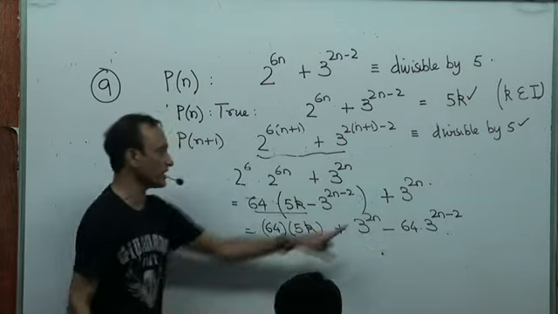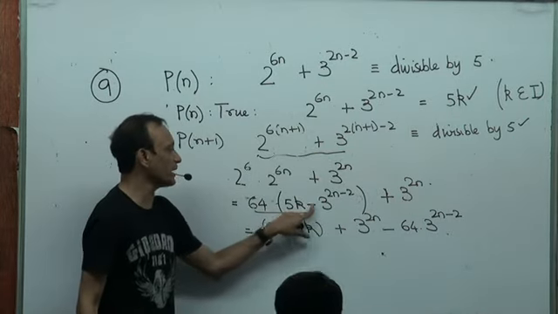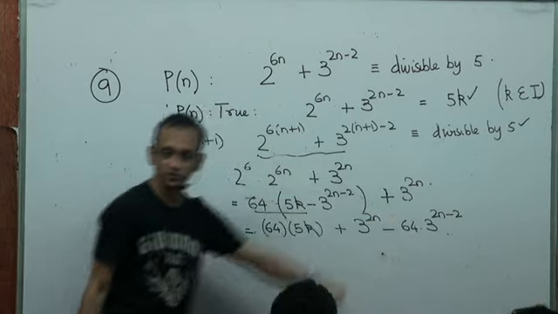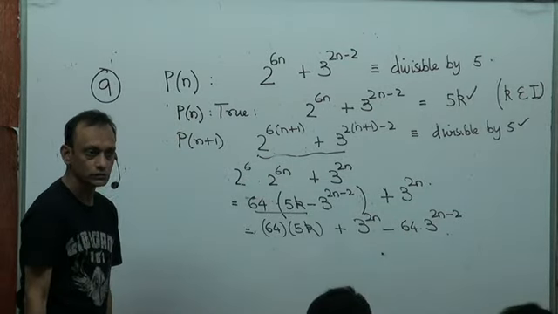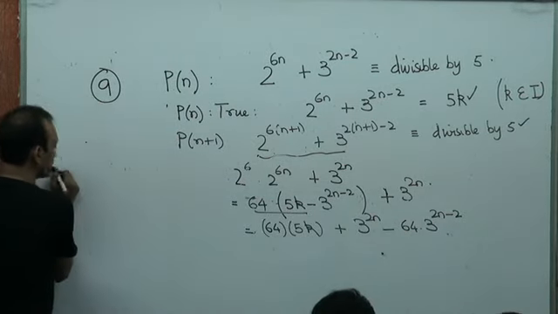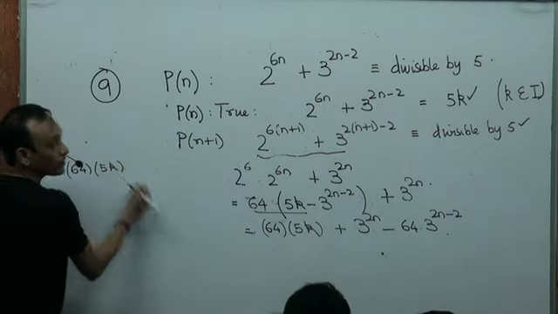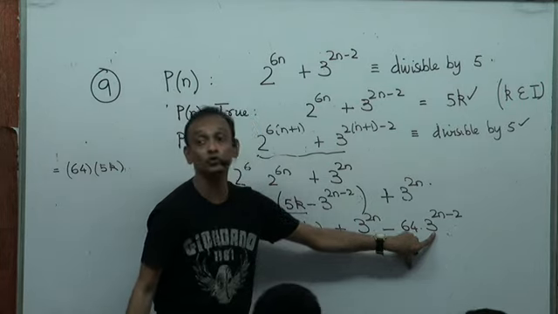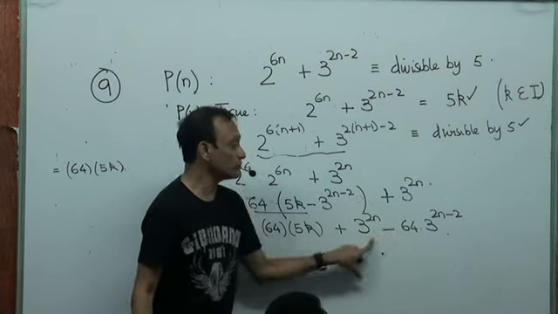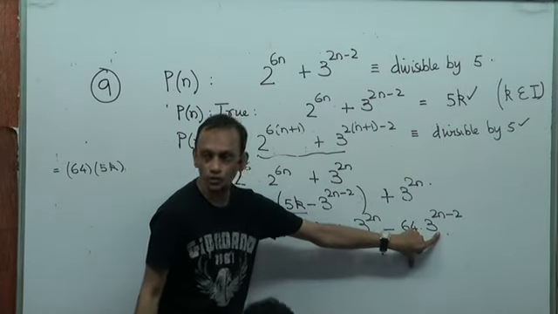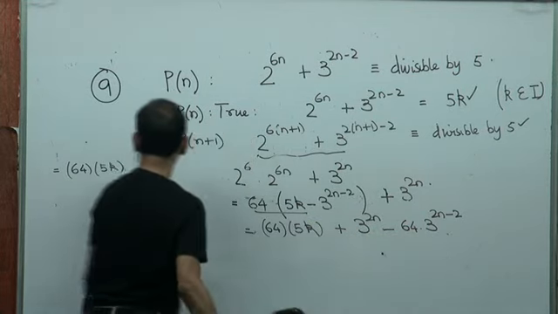I hope you realize whatever I have done: this is 3 to the power 2n, and minus 64 into 3 to the power 2n minus 2 is this, clear? Now from these two terms, I take 3 to the power 2n minus 2 common.